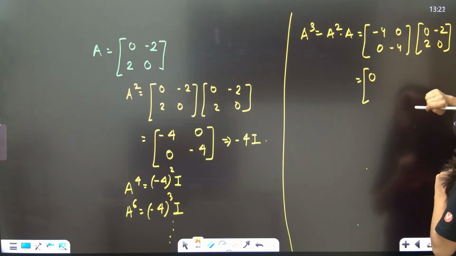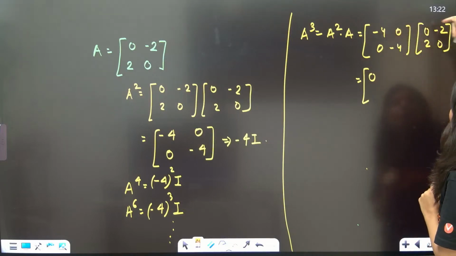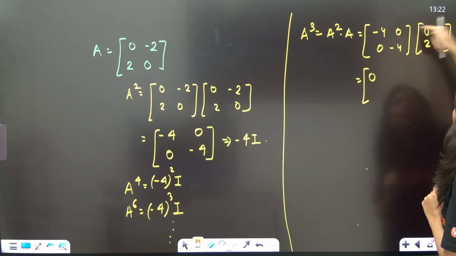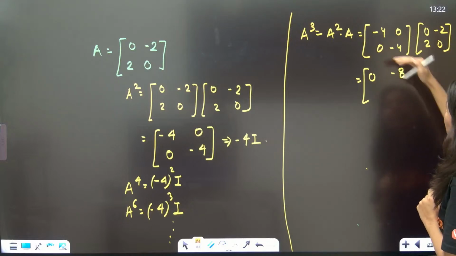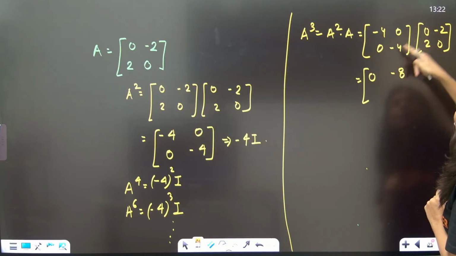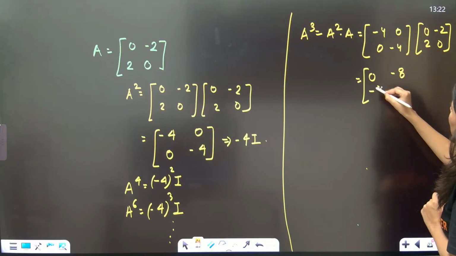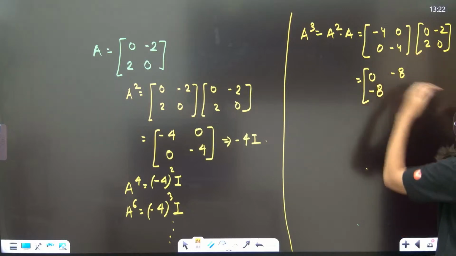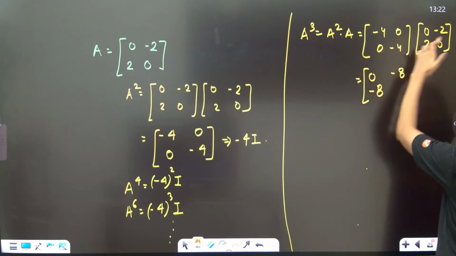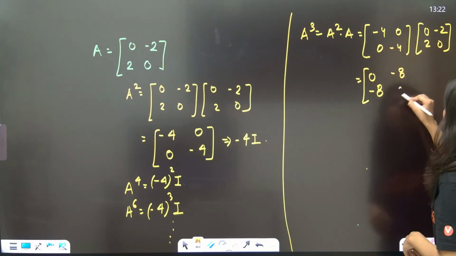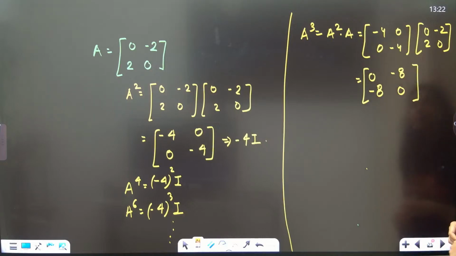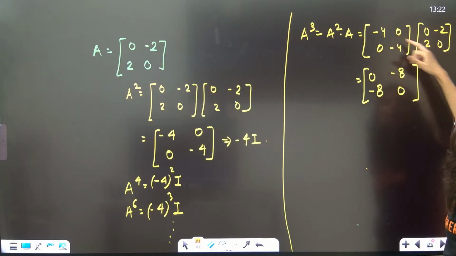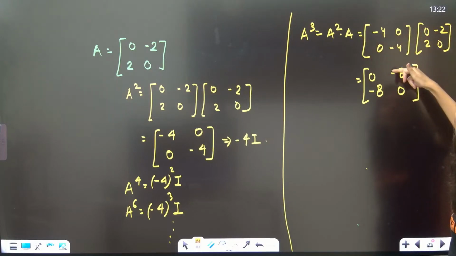Row 1, column 2 is minus 8, and the last entry is plus 8.